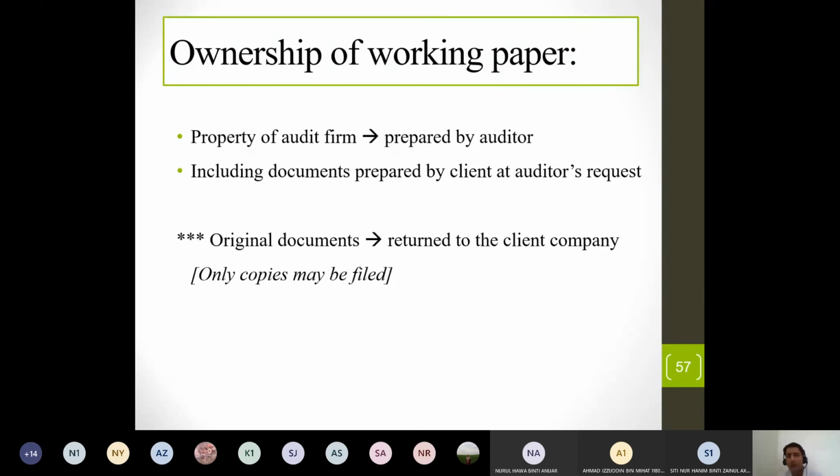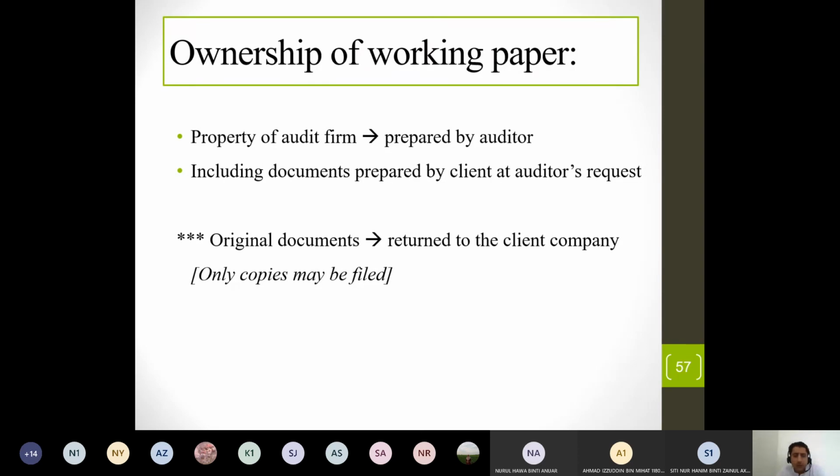Finally, the final issue that we will mention is the ownership of working papers. They are the property of the audit firm, for sure. Since Sarbanes-Oxley and the ISA mention that the audit firm should maintain those documents for 5 years or 7 years.